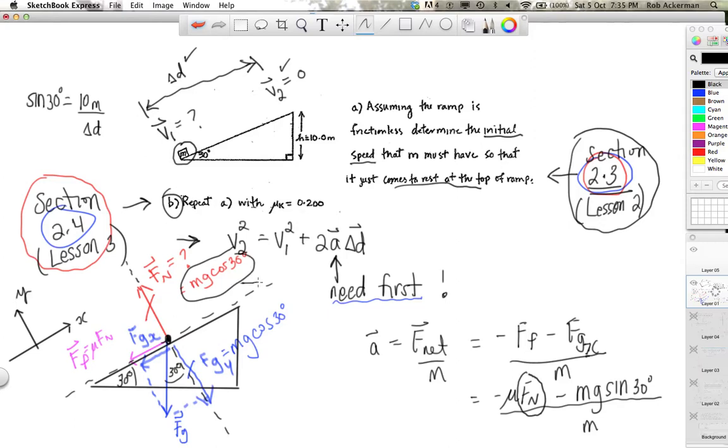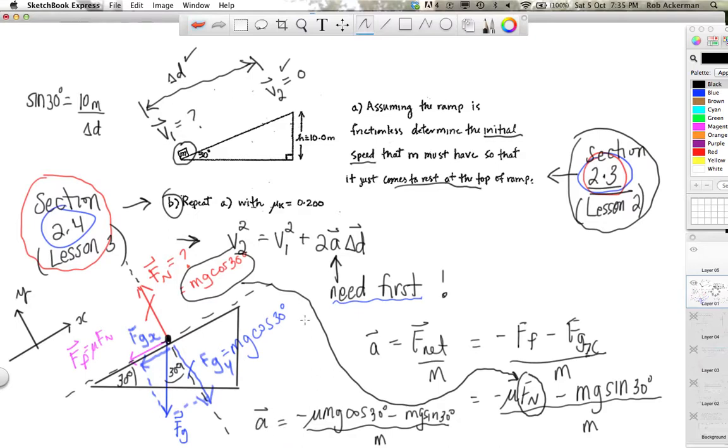So take in that mg cos 30, sub it in there, and in the end, you're going to have, I'm running out of space here, I apologize, mu mg cos 30 minus mg sine 30, all divided by m. That's your acceleration, which you can now sub into this kinematic formula. You know the distance. You know that v2 is supposed to be 0, so now you can solve for v1.